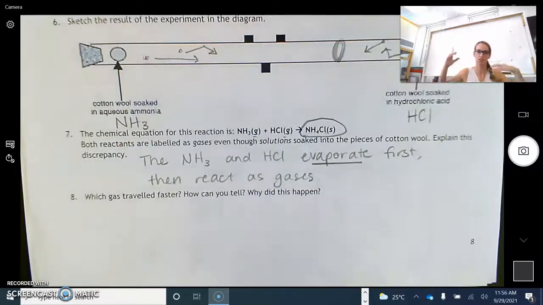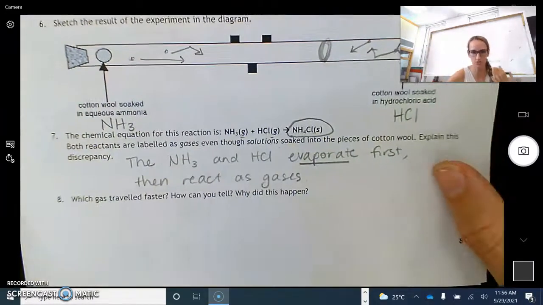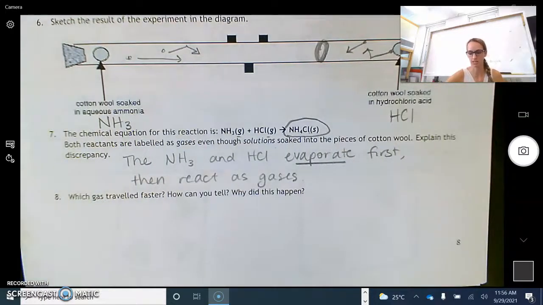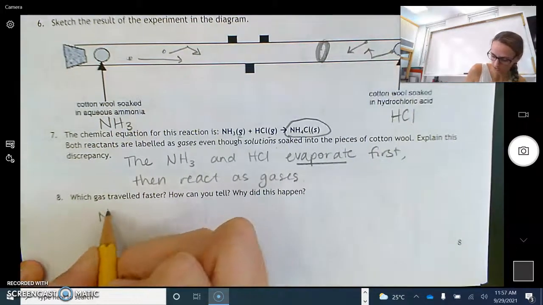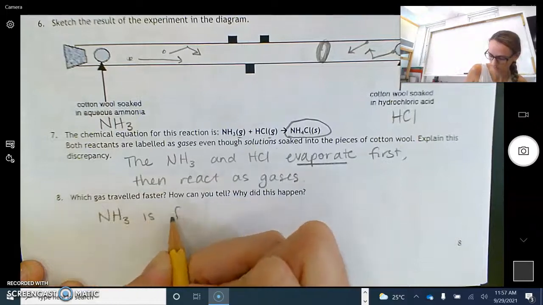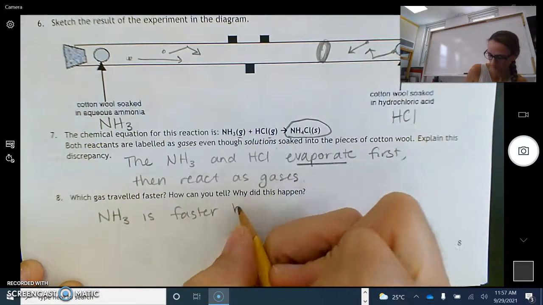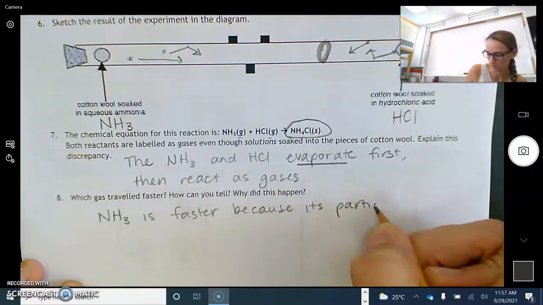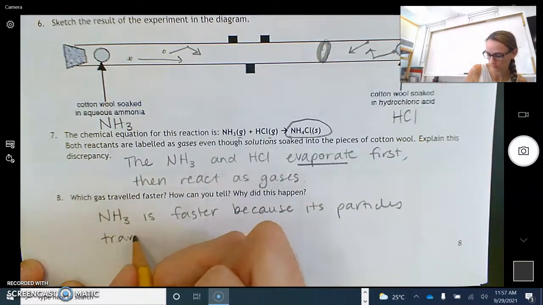Which traveled faster? This is the whole point of this experiment. Which diffused faster? Well, if the white cloud formed closer to the HCl, it means the HCl didn't move as far because it was slower. So the NH3 is faster, because its particles traveled farther.